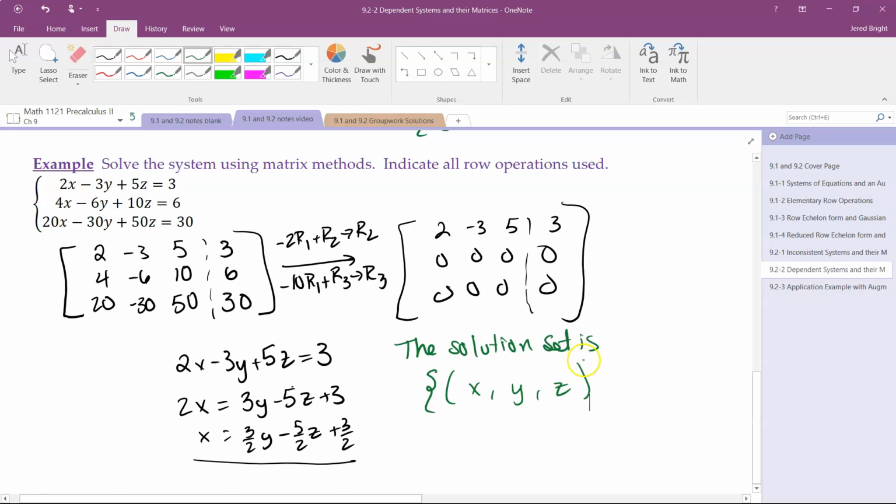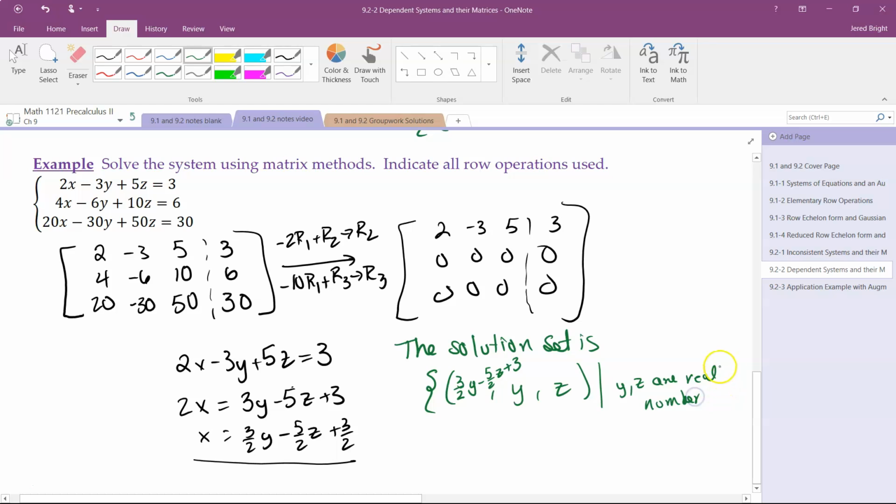Well, the only thing that we were able to figure out some information for is x. So instead here, you're going to have 3 halves y minus 5 halves z plus 3 halves. Okay, and otherwise this would be your solution set, and technically you would write something like this where y and z are real numbers.